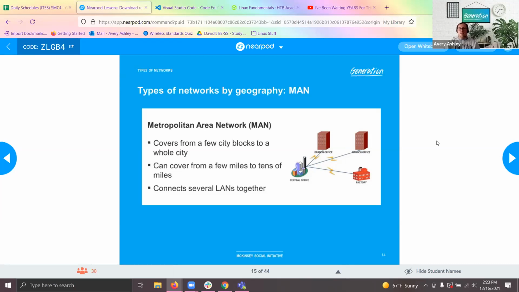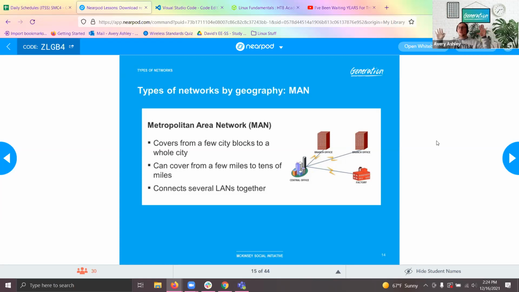We have our MANs, and this can cover a few city blocks to a whole city. It can cover between a few miles and tens of miles, connecting several different LANs together. So this is like a central office that is also connected to a downtown office, an uptown office, the shipping warehouse office.